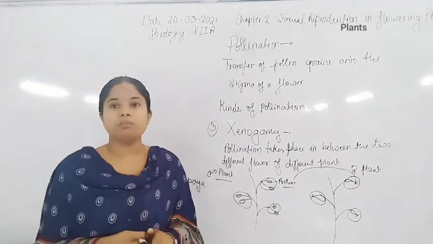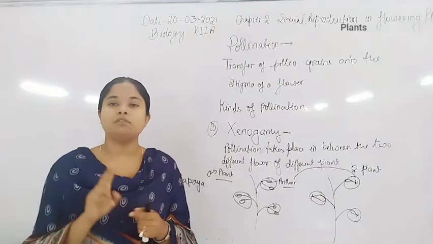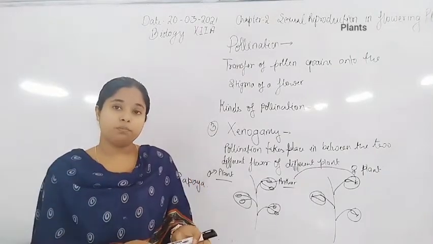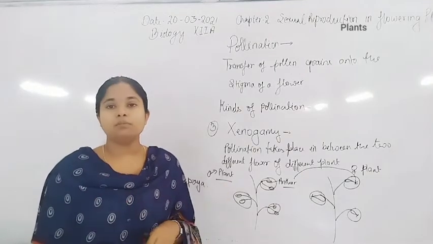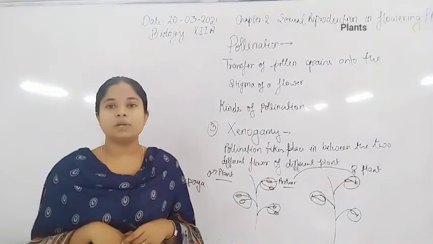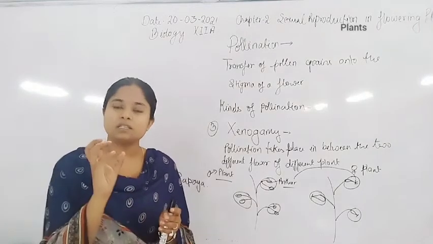But some plants show two different types of flower, male flower and female flower, present on the same plant body, as in cucumber and pumpkin. But in some plants the flowers have both the female and male reproductive parts in a single flower.